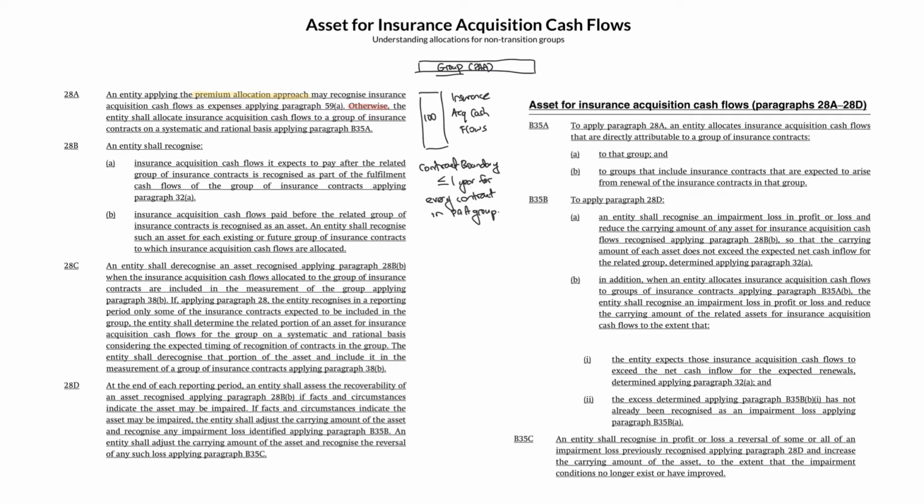So in this case, you are able to, under paragraph 59A, write down all of this 100.